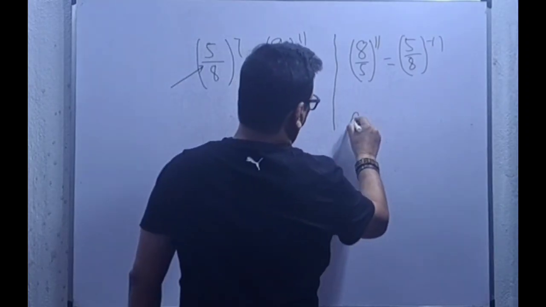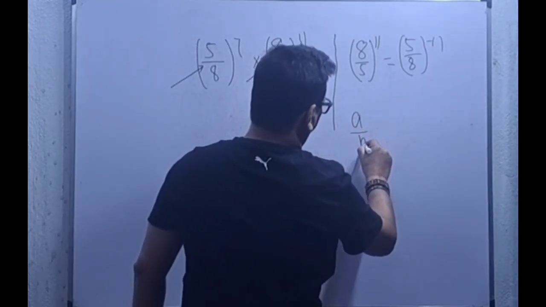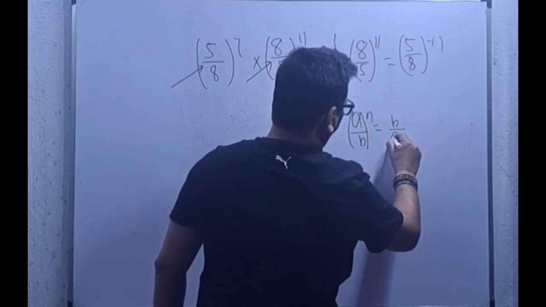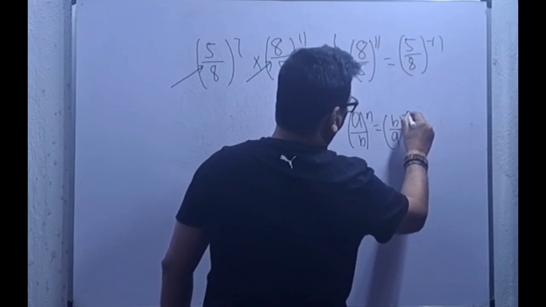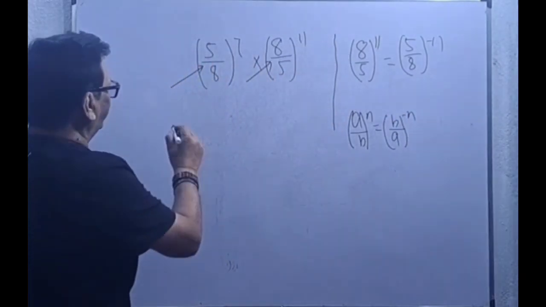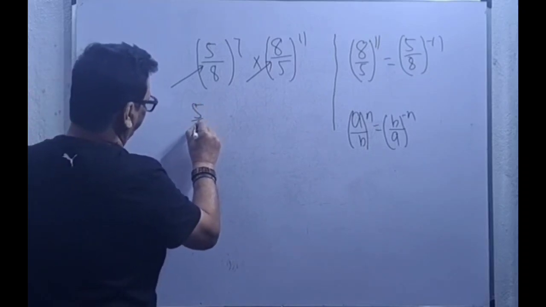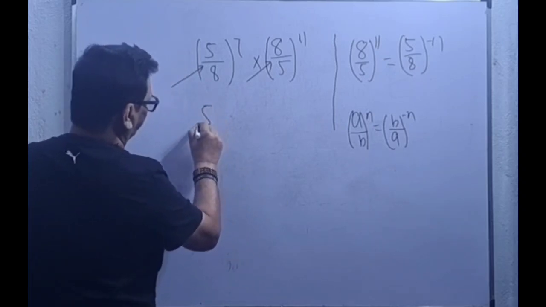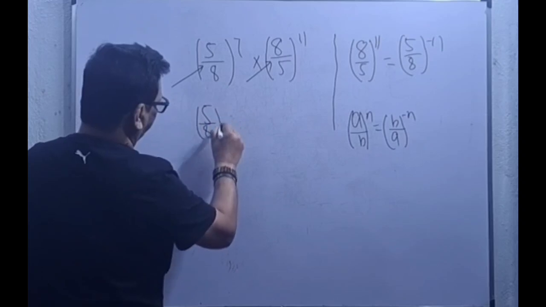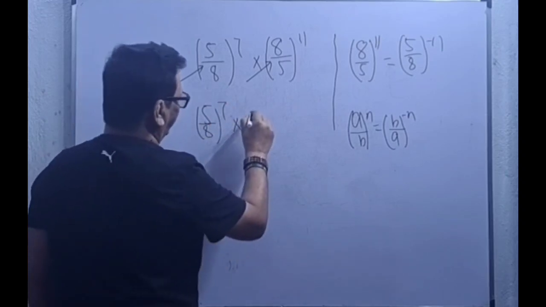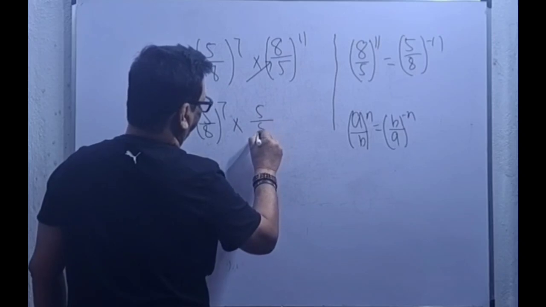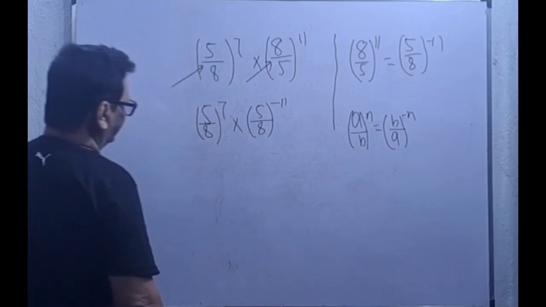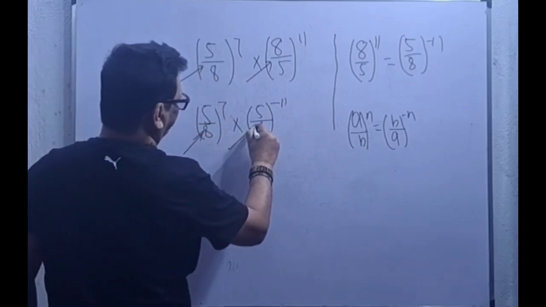Do you remember I wrote down a value? A by B to the power of n is equal to B by A to the power of minus n. Right? So we write here 5 by 8 to the power of 7 multiplied by 5 by 8 to the power of minus 11. See, now the bases are same.